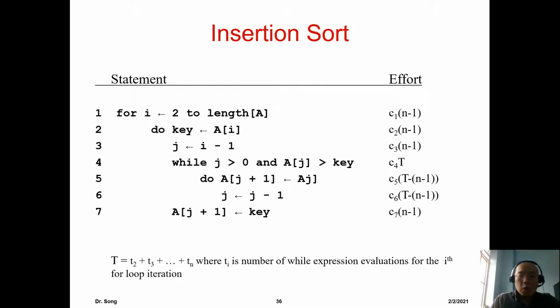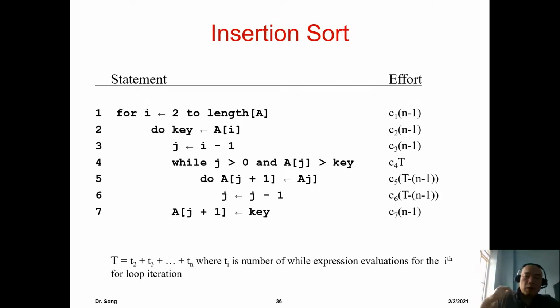Okay, so we are going to introduce a new value to help us as a bridge to solve this problem, and we assume that is t. So for t2, t3 to tn, ti is the number of times that the while condition expression is evaluated.